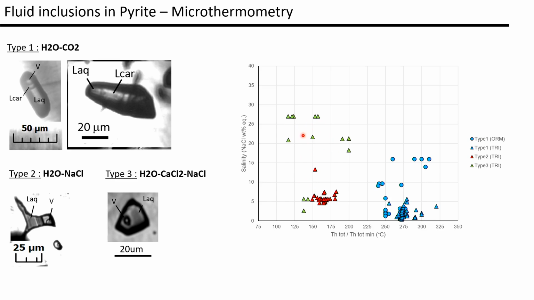And even if we have never seen daughter phases or halite cubes inside those fluid inclusions, the CaCl2 has been identified because of the eutectic temperature, which was around -52, and the ice melting temperature.